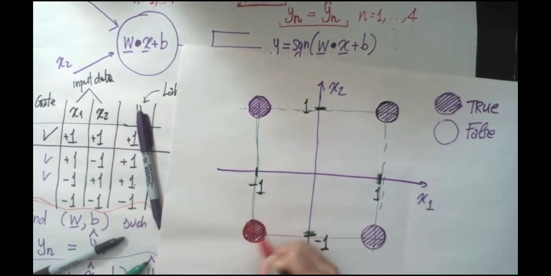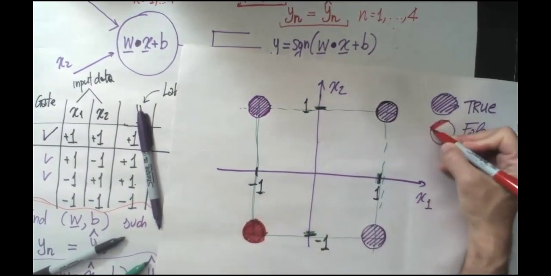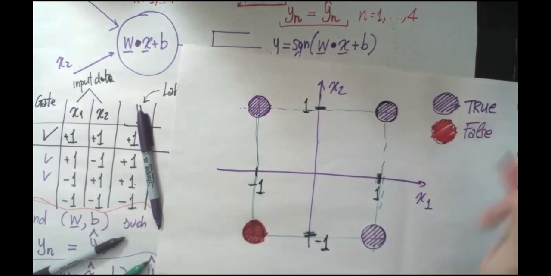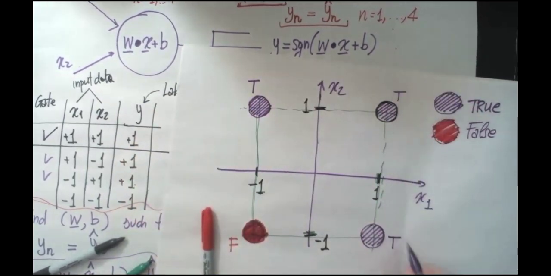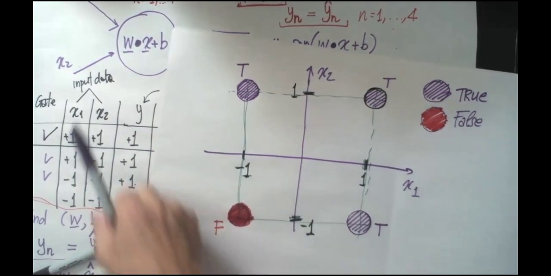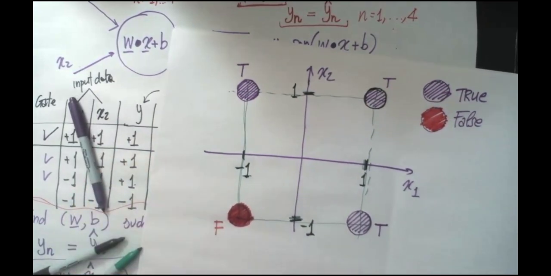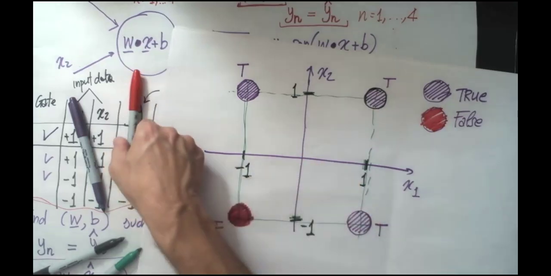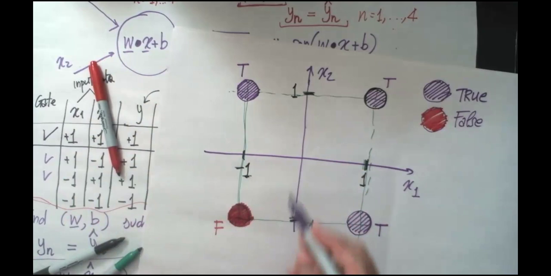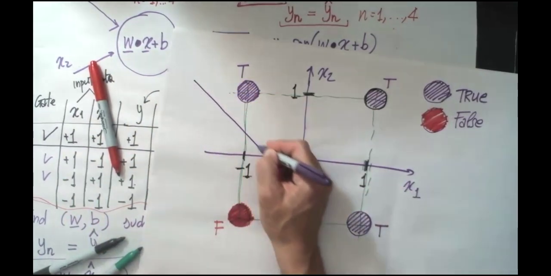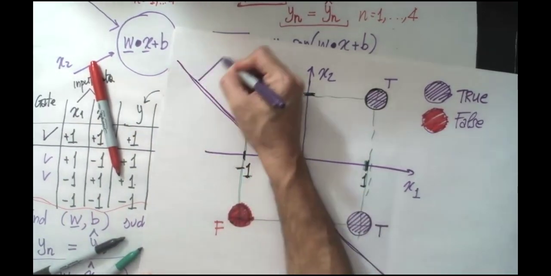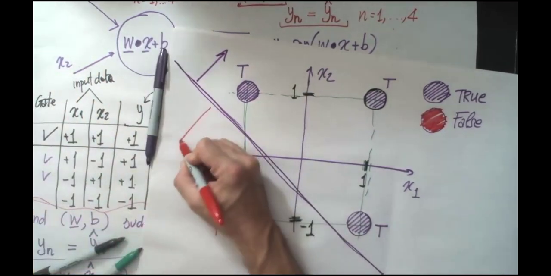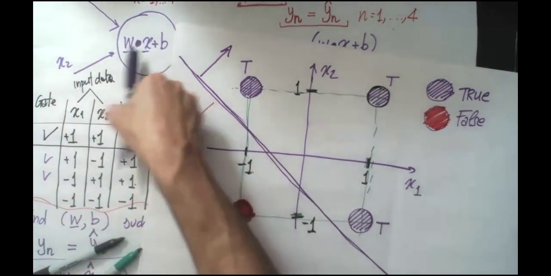And I'm going to do it in red, actually. So the red basically is false. So you see that here we have the false, true, true, and true. Now, if you observe carefully, we can find a decision boundary which separates the true results from the false outputs.